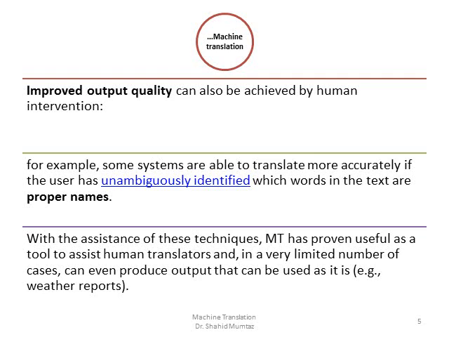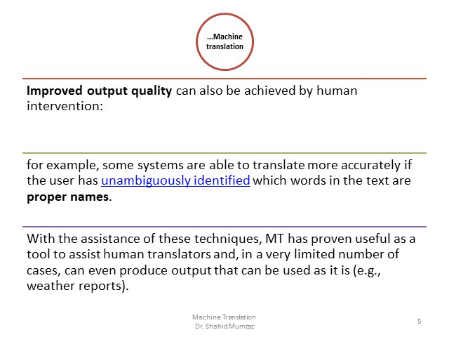With the assistance of these techniques, machine translation has proven useful as a tool to assist human translators, and in a very limited number of cases can produce output that can be used as it is. For example, weather reports.